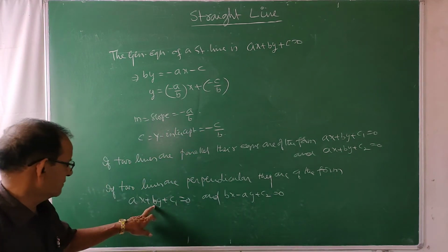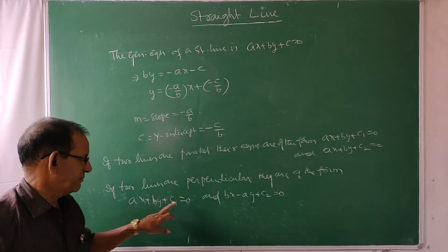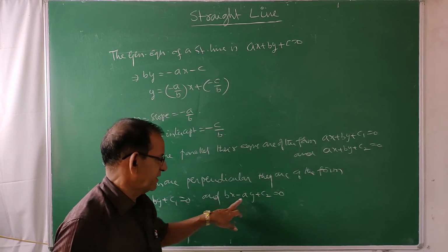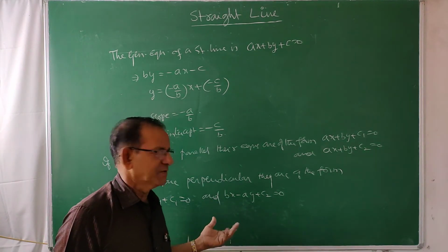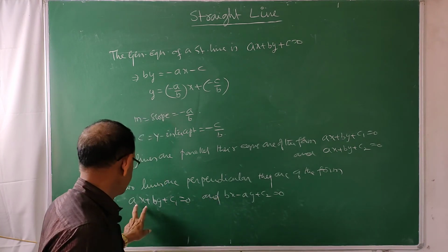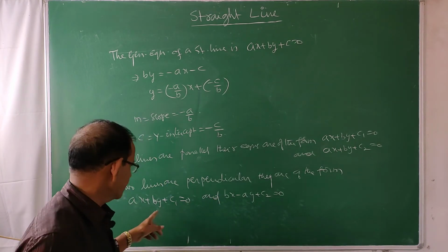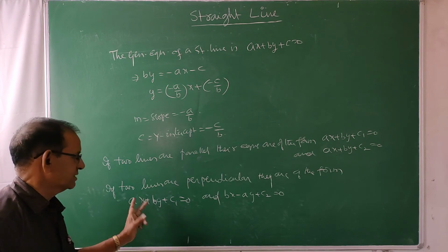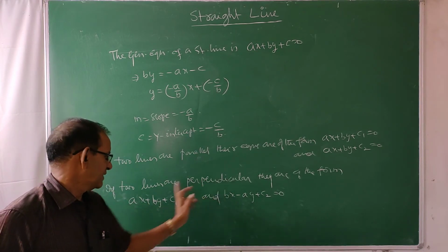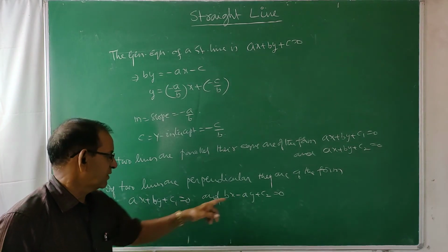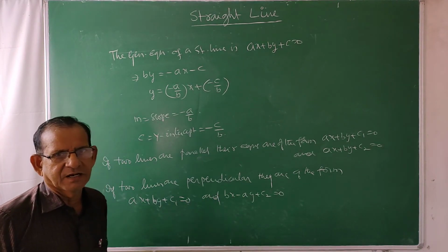Here, what is the slope of this line? Minus of a by b. For this one, minus of b by minus a, which is plus b by a. So minus a by b into plus b by a is minus 1. So if you want to write the perpendicular line to this one, interchange the coefficients of x and y. Change the sign of y. If it is plus, put minus, and change the constant also. So you will get the perpendicular line.